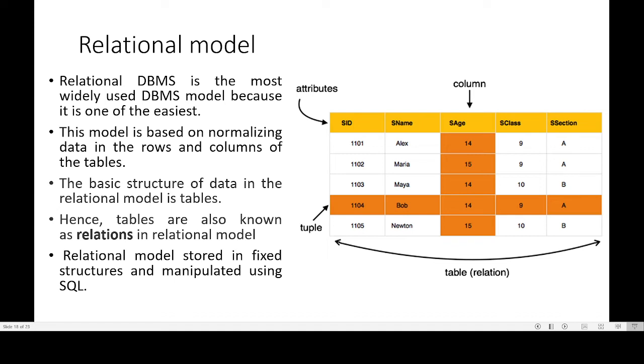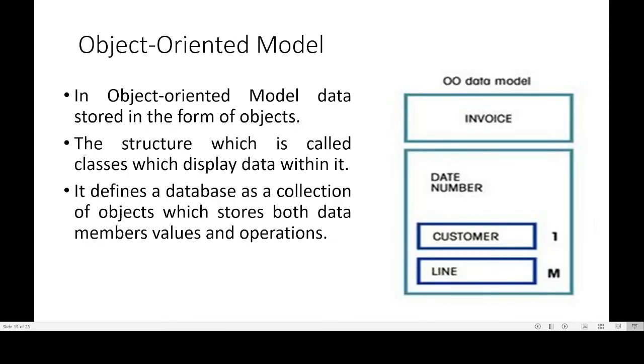The attributes are stored in the columns, and the rows are called tuples. The tables are otherwise called relations, because it is a relational model. The relational model has a fixed structure, and we can manipulate it by means of SQL.